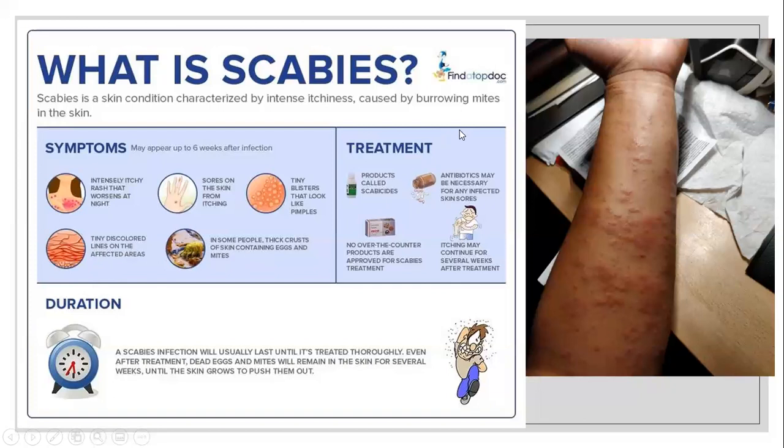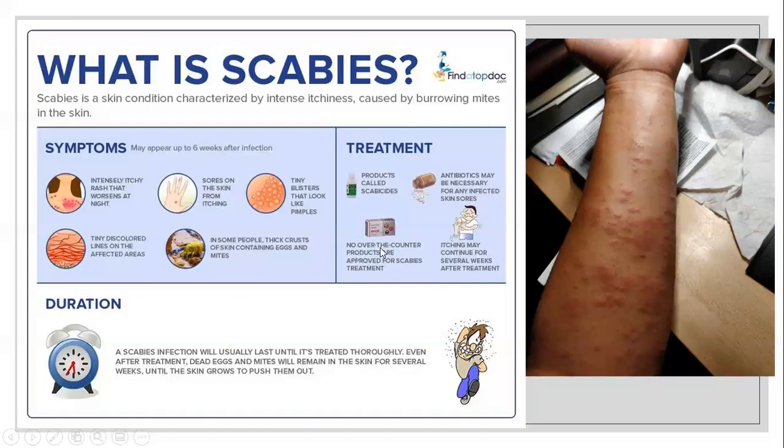So what is the treatment? A product called a scabicide, a medication that kills or eradicates the organism. Antibiotics may be necessary for any infected skin sores.